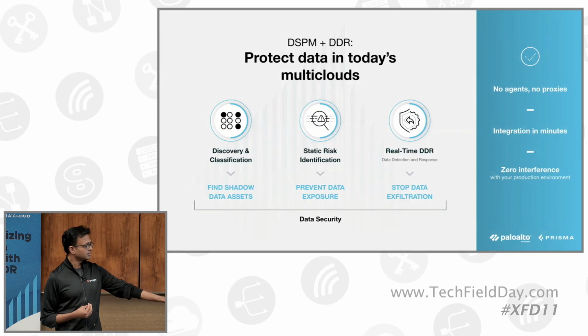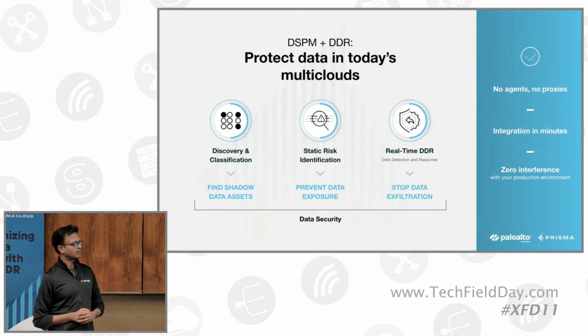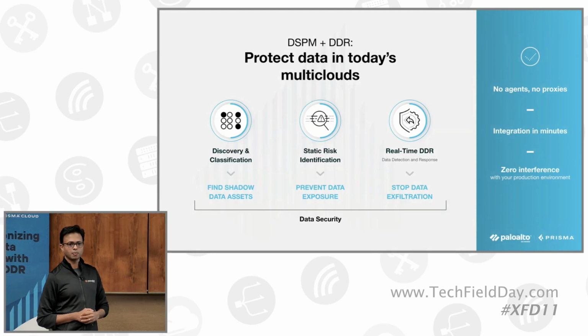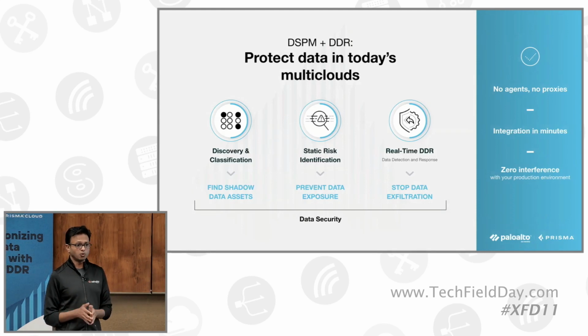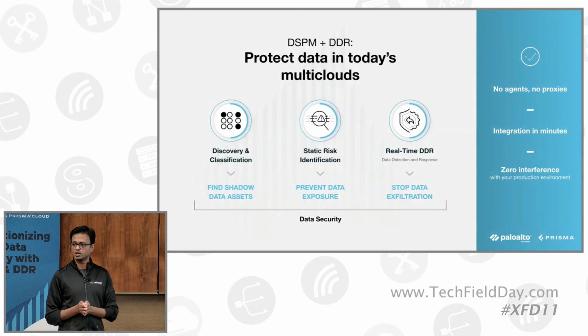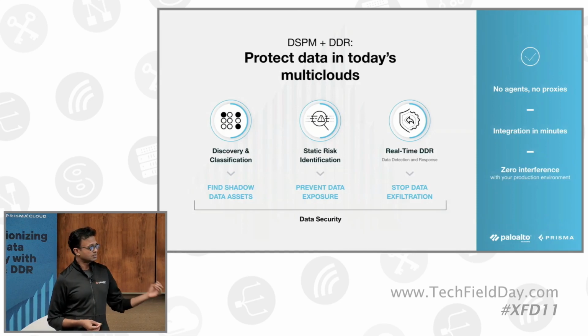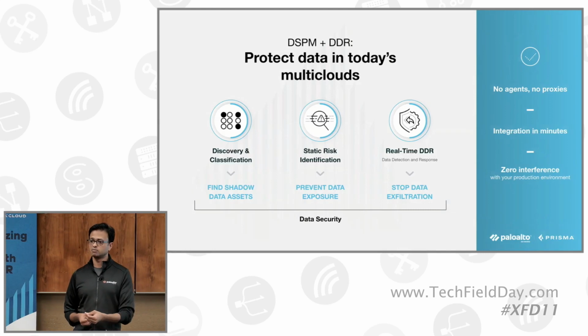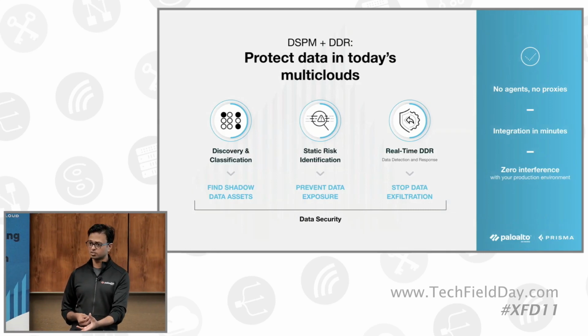So we've defined discovery, classification, risk, and real-time DDR across the board. Remember, we do this with no agents or proxies, which makes it easy for us to understand what kind of data exists without having to insert agents in your system. So it's zero interference with your production environment when we're looking at a production database.